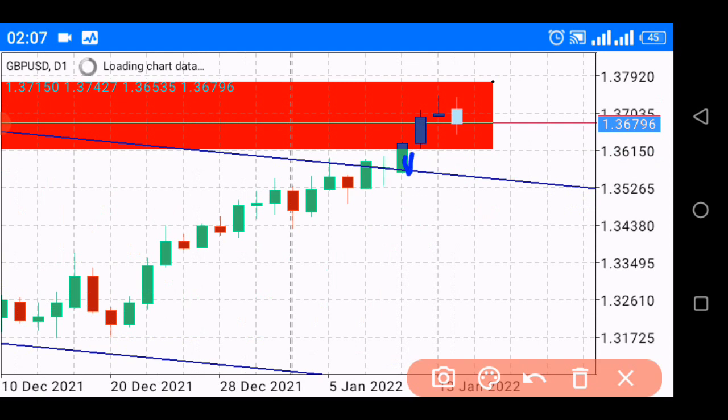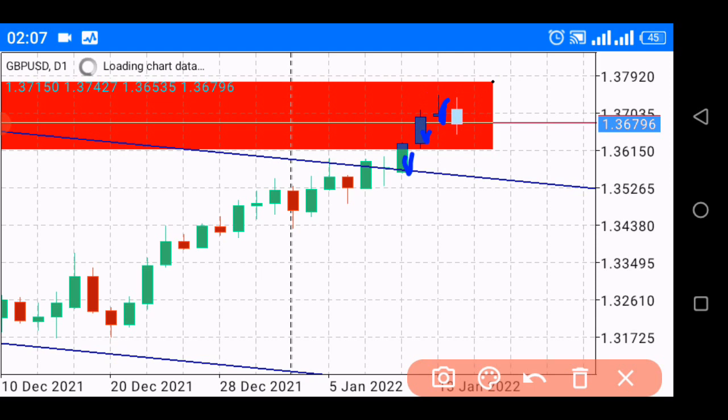This candle here is a momentum candle, and this one too. The second is the rejection candle, like a hammer and things like that. You can see this candle here is a rejection candle.